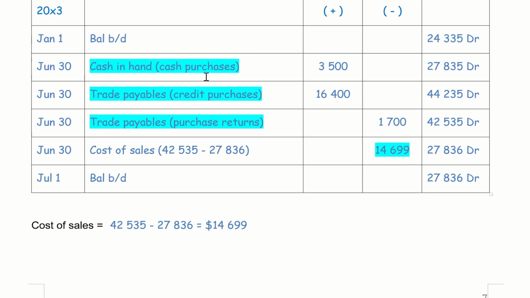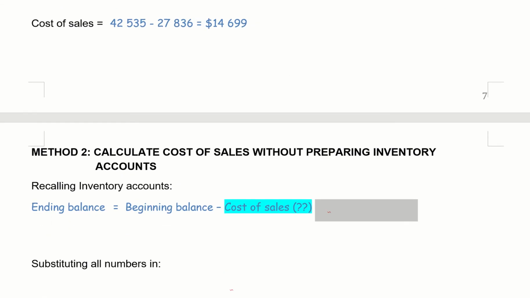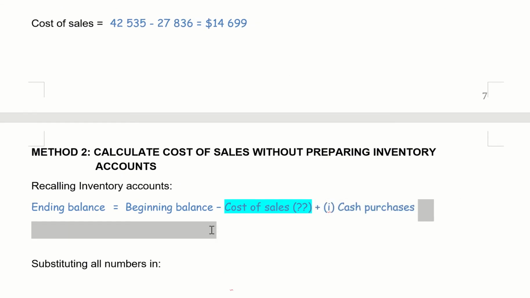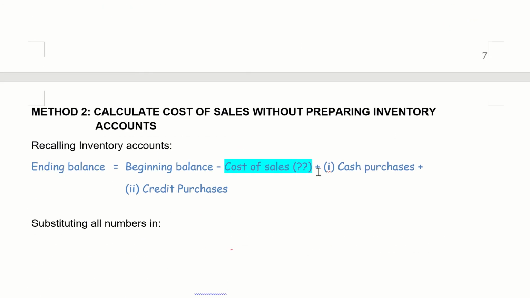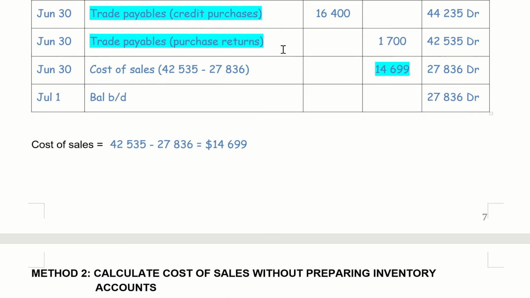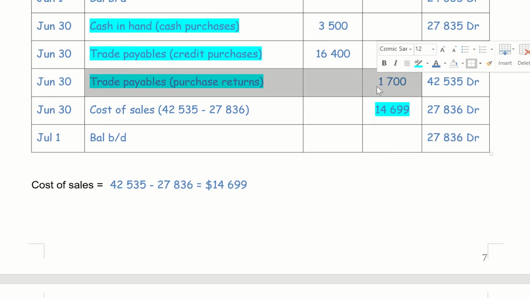After that, you increase your cash purchases, and then you increase your credit purchases. So you increase credit purchase, plus.